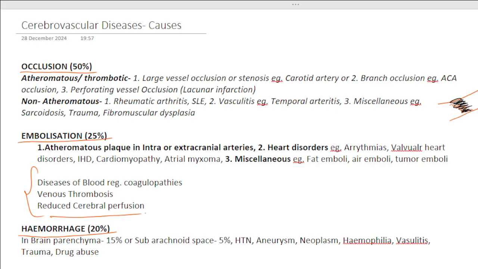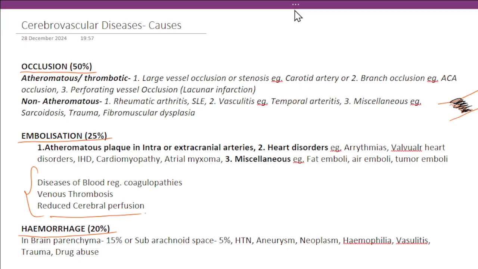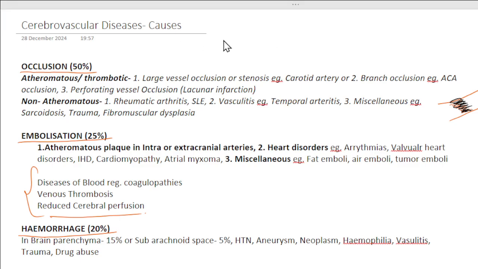It can have blood supply like this. So any kind of occlusion inside the blood vessels as well. These are all small vessels. The blood supply is disturbed. There also we see occlusion because of branch occlusion or perforating vessel occlusion.